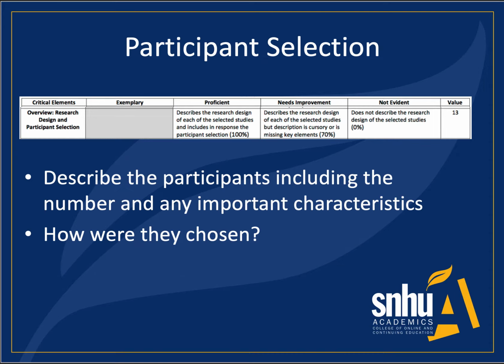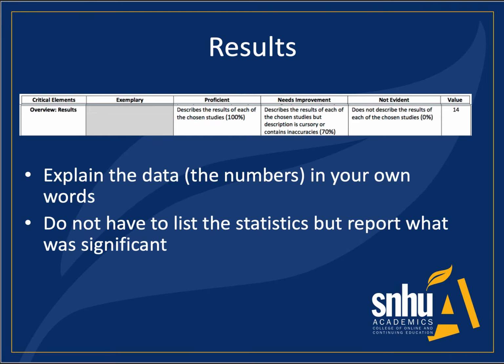Participants are very important. Make sure that you describe not only the number, but also information about age range, ethnicity, how they were chosen. Describe them a bit beyond just the number in total. When you describe the results, you definitely do not have to write about statistics. This is not a statistics class. This is not the research methods of statistics. Instead, you simply have to explain what the results show.